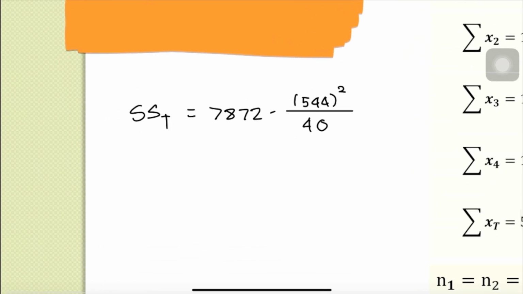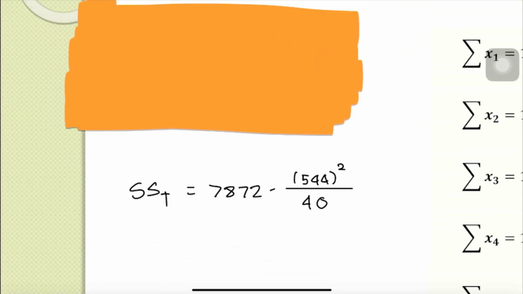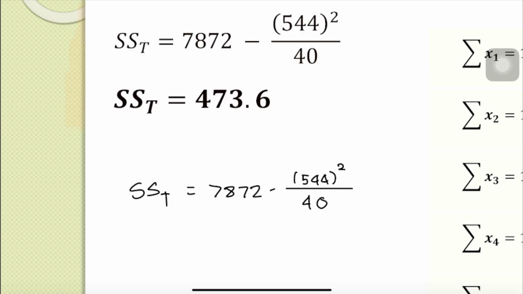Okay, pagtapos niyan, ipa-plug mo lang yan sa calculator: 7,872 minus 544 squared over 40, and you will get the value of 473.6.